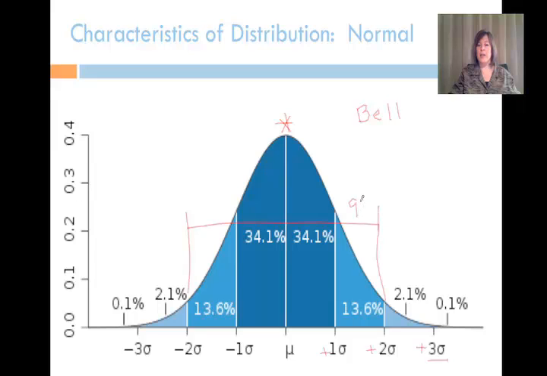That's 95%. And then 99% fall within the 3 standard deviations. So if you add on this 2% and this 2%, you get the 99%. This was 68. And you can see that just by adding those percentage points. That's an important characteristic to remember for a normal distribution.